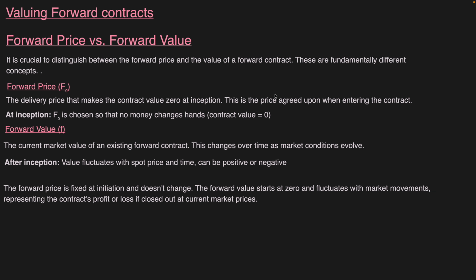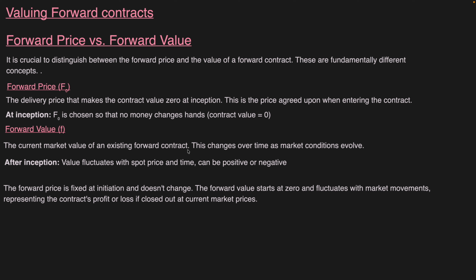Forward price is nothing but the price which is agreed upon between two individuals when entering the contract. So F0 is chosen so that no money changes hands at the inception, whereas forward value is something slightly different. It is the current market value of an existing forward contract.